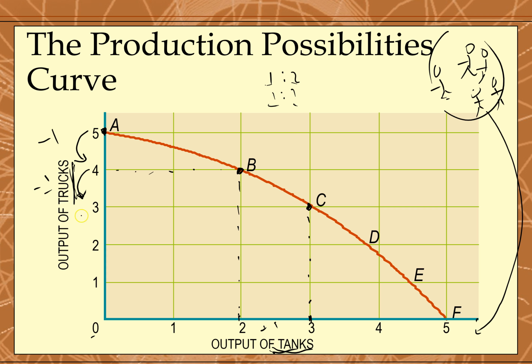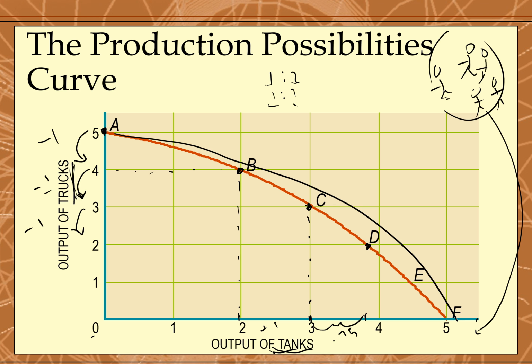And we see that as we continue moving along the PPC. If we give up another truck, we go from point C to point D, and in this case, we get basically 0.75 tanks. And of course, graphically, the reason for this is because we have this bowed curve right here.